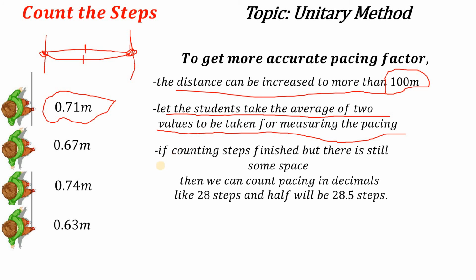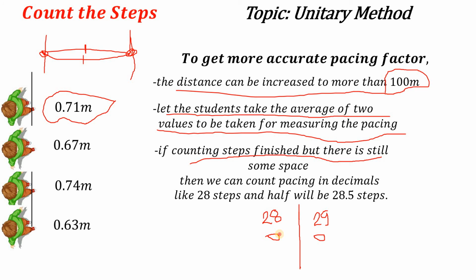Sometimes the counting of steps is already finished, but there is still some space. For example, let's say this is the finishing line and his final step goes here and another step goes here. Suppose up to here he covers 28 steps, and this is his 29th step, and this is the finishing line.